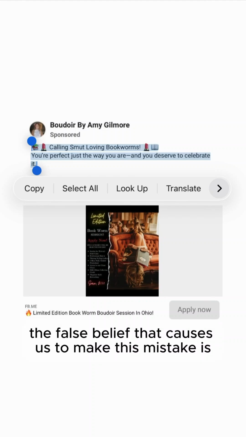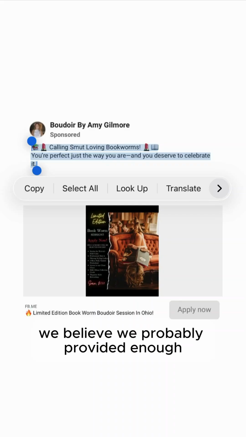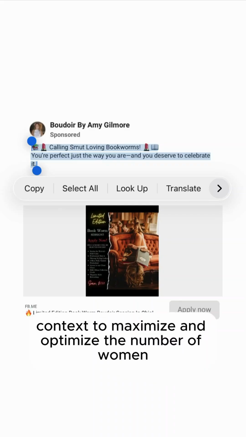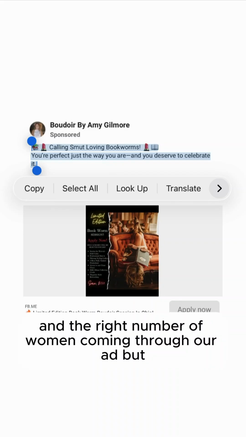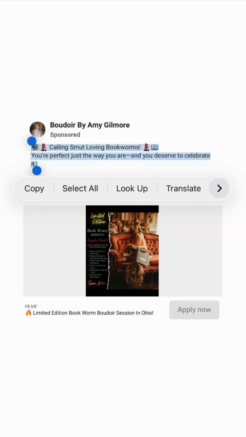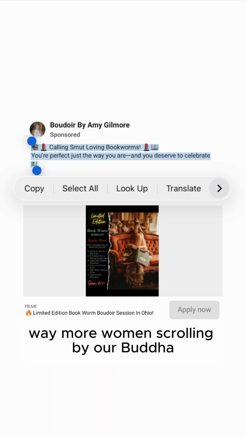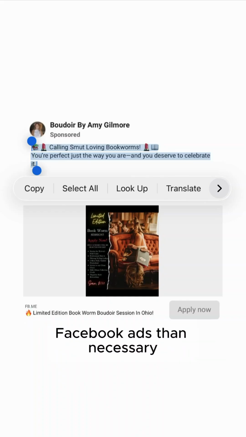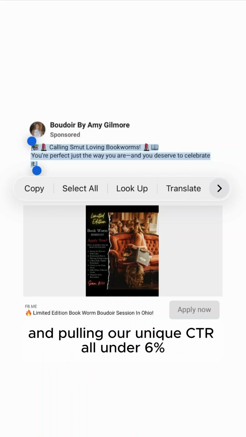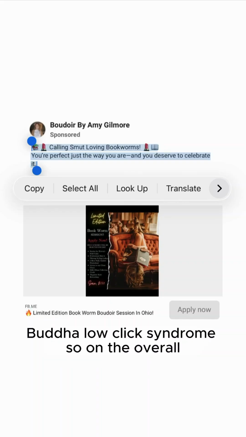The false belief that caused us to make this mistake is we believe we provided enough context to maximize and optimize the number of women and the right number of women coming through our ad, but we didn't do that. So the consequence is way more women scrolling by our Boudoir Facebook ads than necessary, and pulling our unique CTRL under 6%, contributing to BLCS, Boudoir low click syndrome.